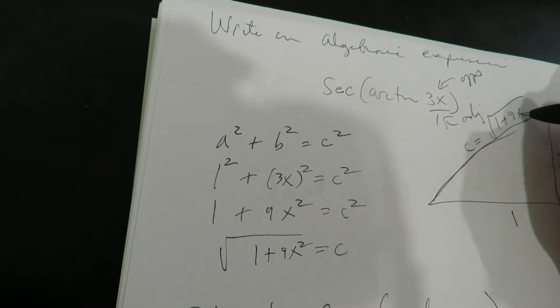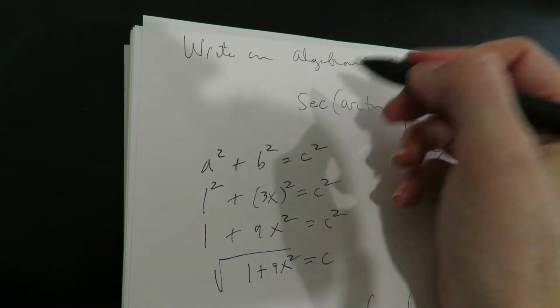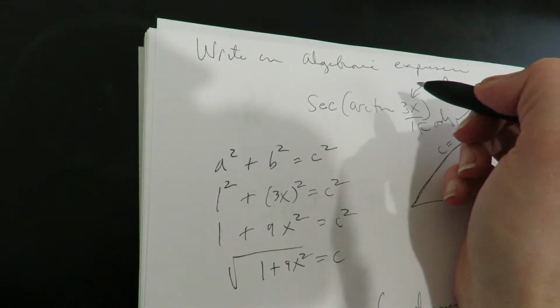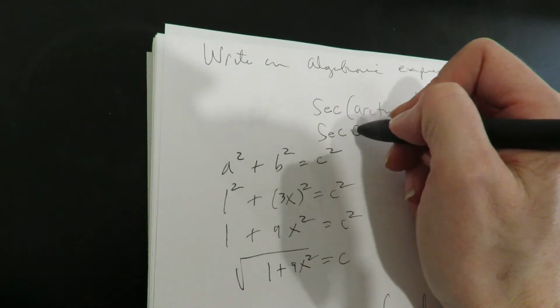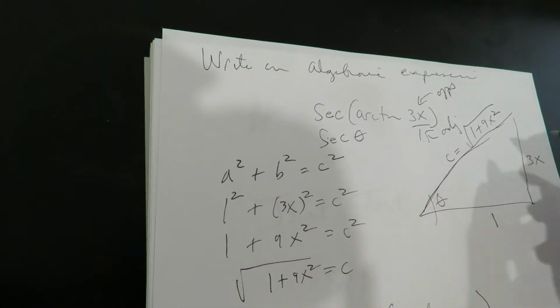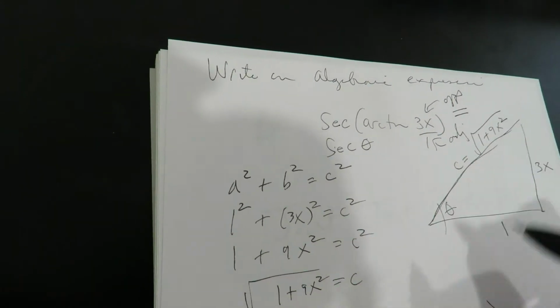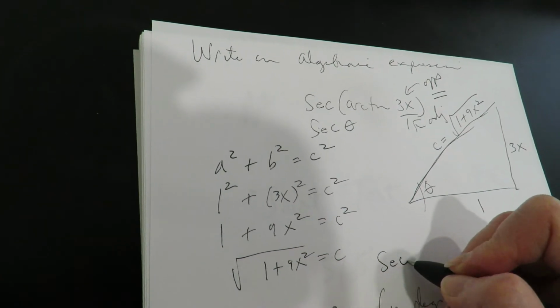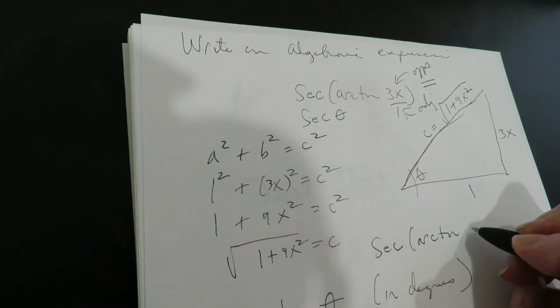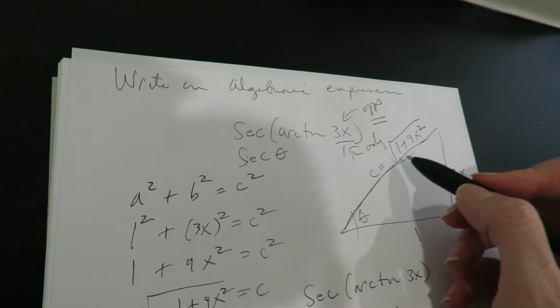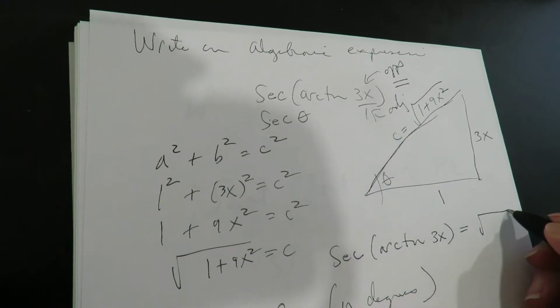So c is the square root of 1 plus 9x squared. Now you want the secant of this theta, right? The secant of this theta is going to be the hypotenuse over the adjacent, which is 1. I'm going to have to write it down here because I've squeezed myself out.